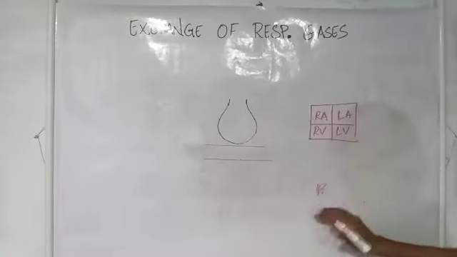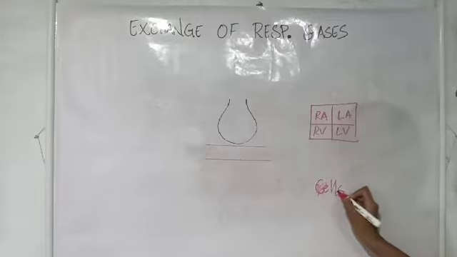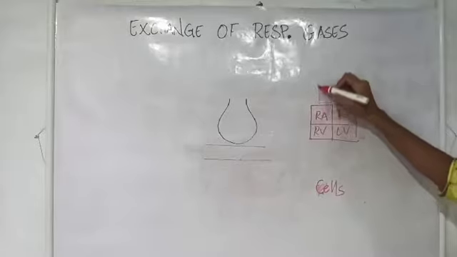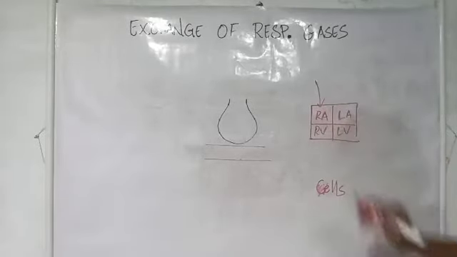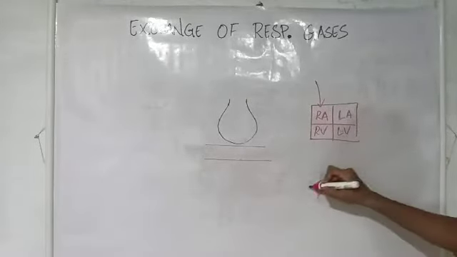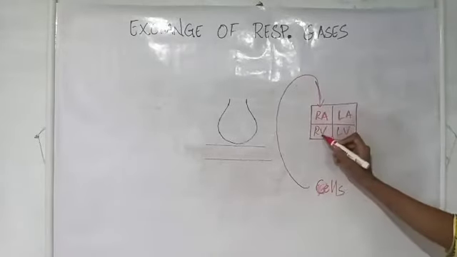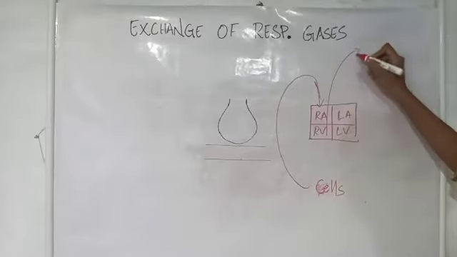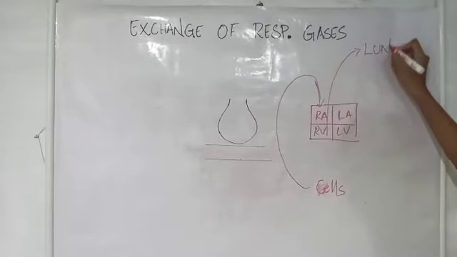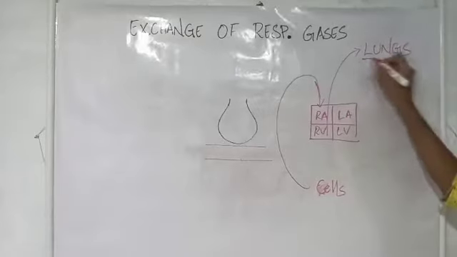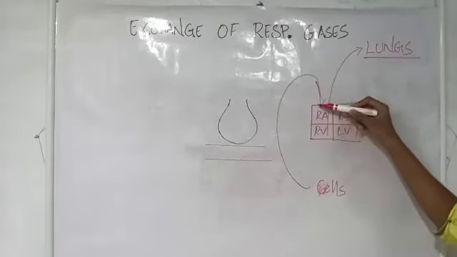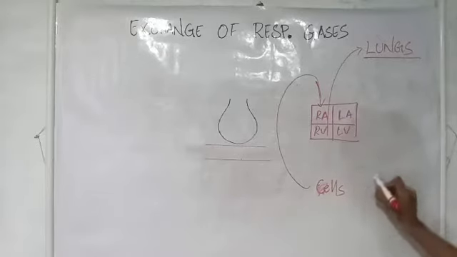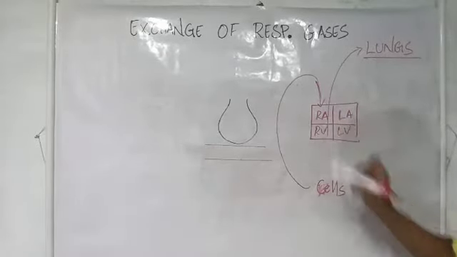These are the cells. So the deoxygenated blood comes to the right ventricle from the systemic circulation. Then from the right ventricle, it goes to our lungs. Prior to going into the systemic circulation, the deoxygenated blood has to be oxygenated, right?